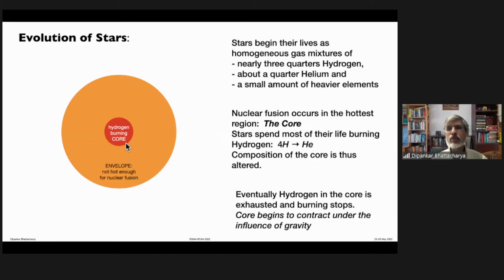And stars spend most of their lifetime burning hydrogen in the core, where four hydrogen nuclei fuse to form one helium nucleus. And we have seen that the composition of the core is therefore altered. It started with 75% hydrogen and 25% helium, but it becomes more and more helium rich as more of the hydrogen gets converted to helium.